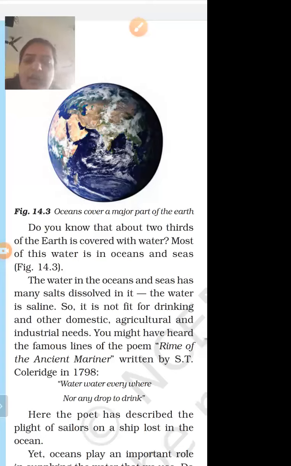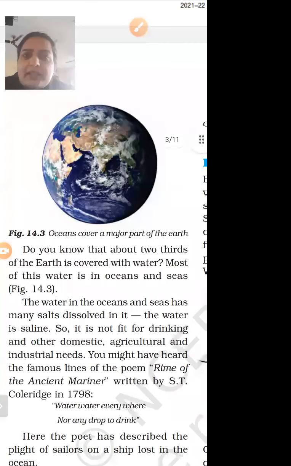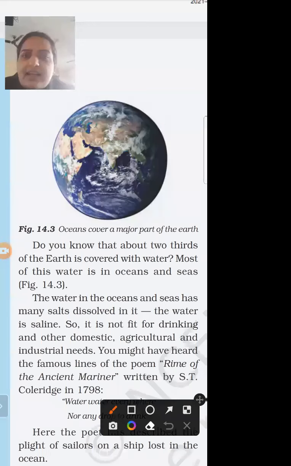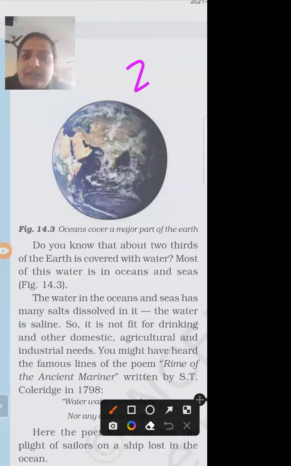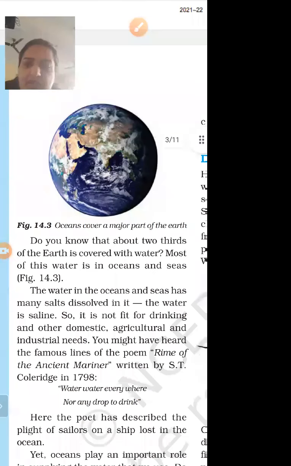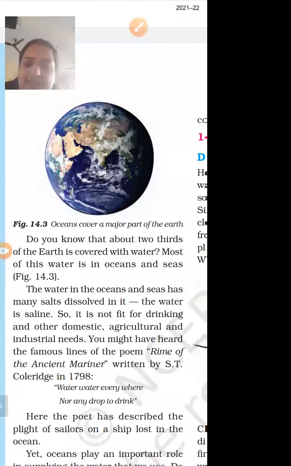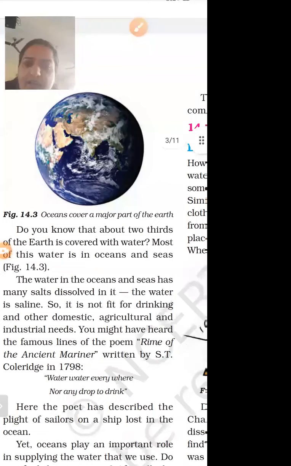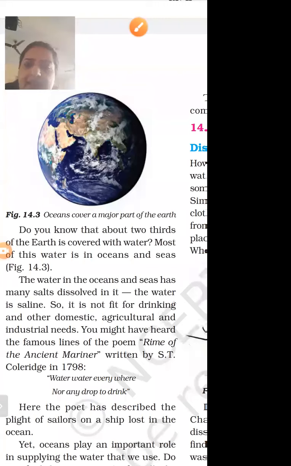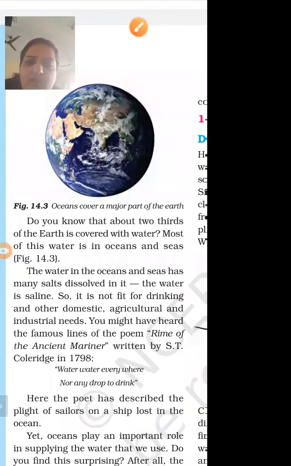As we know, 2/3 of the earth's surface is water, and this water exists in the oceans or seas. What is the disadvantage of this water? It has a lot of salt dissolved in it.